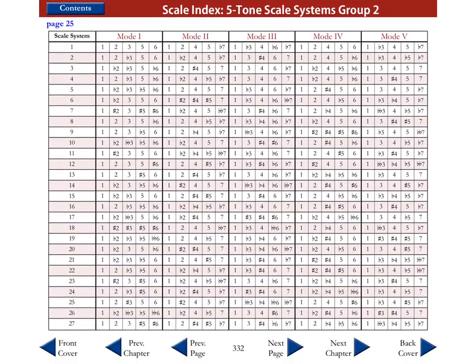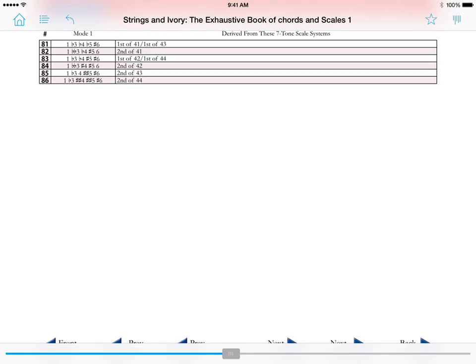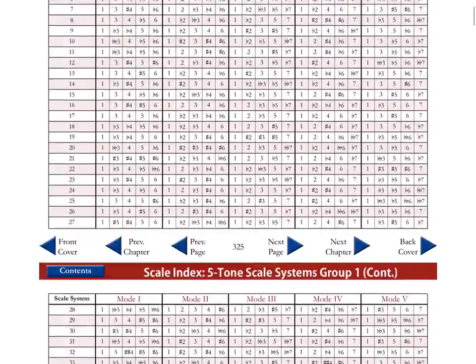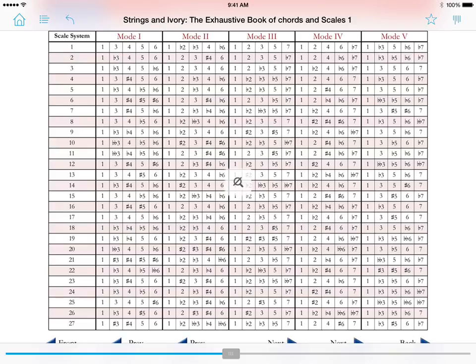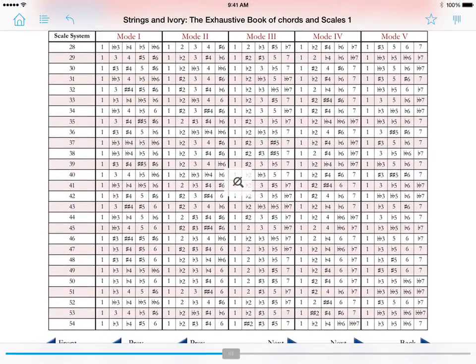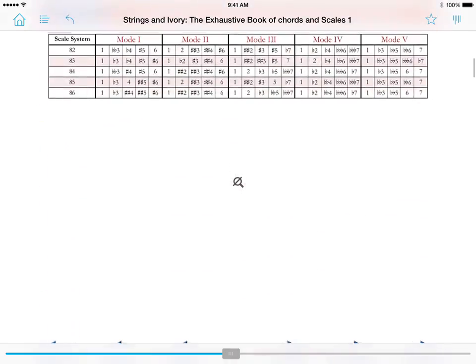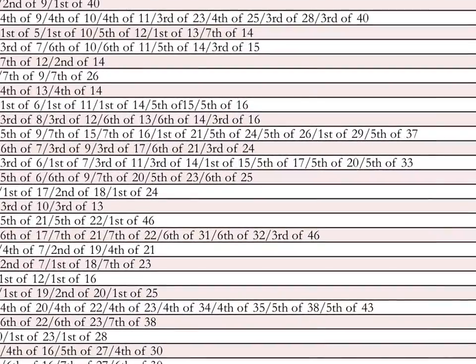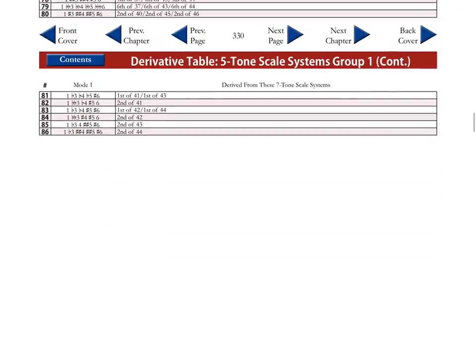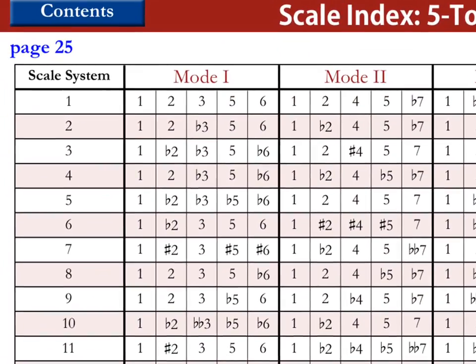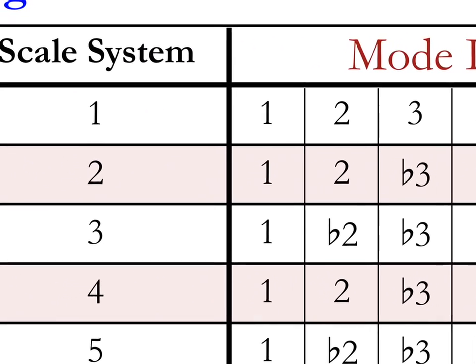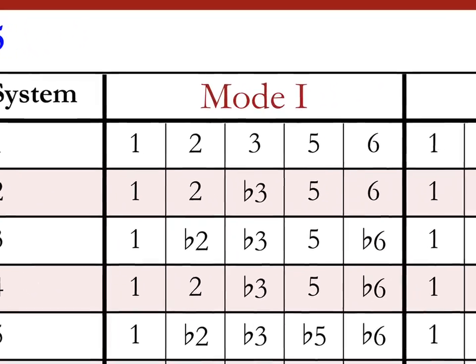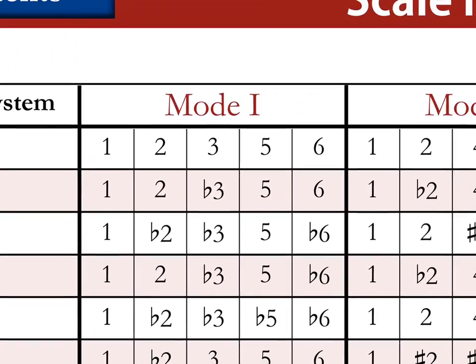Now with 5-tone scale system group 2, looking at scale system 1 in group 2, it omits the 4th and the 7th degree.